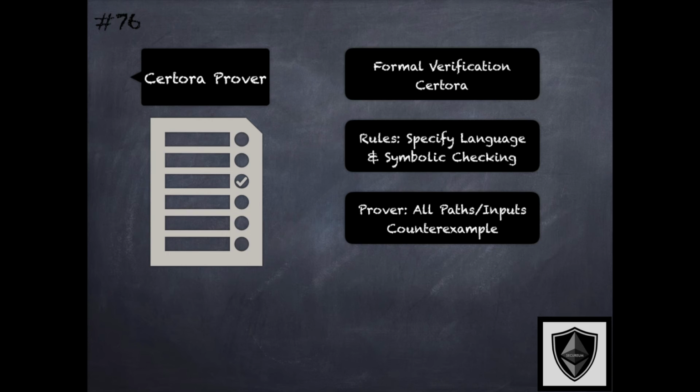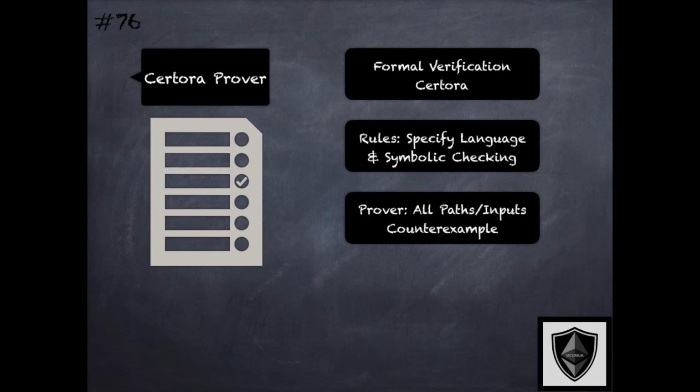And this problem addressed by Certora Prover is known to be undecidable, which means that there will always be some pathological programs or rules for which the prover will time out without a definitive answer. This prover takes as input the smart contract, either the bytecode or the Solidity source code, along with a set of rules written in the Certora's specification language specify.